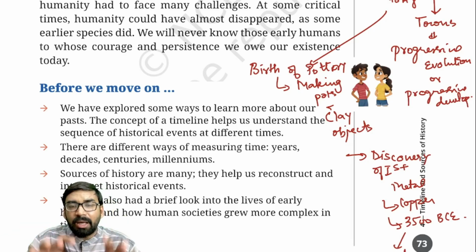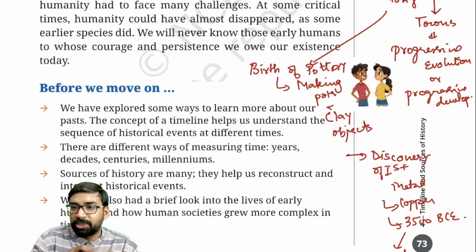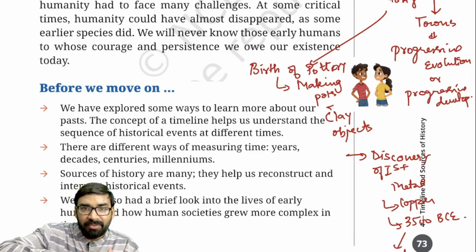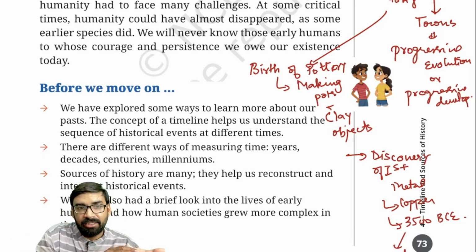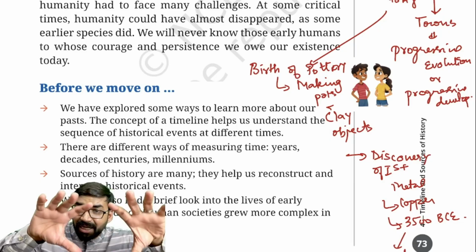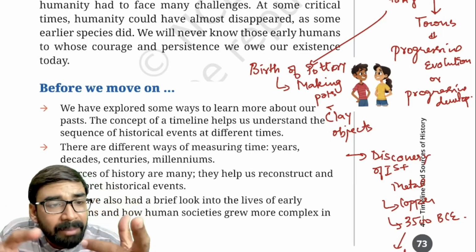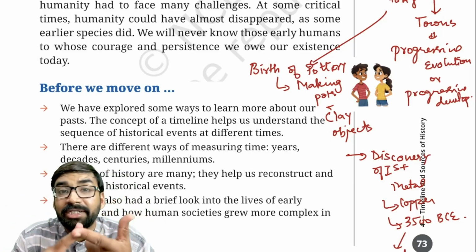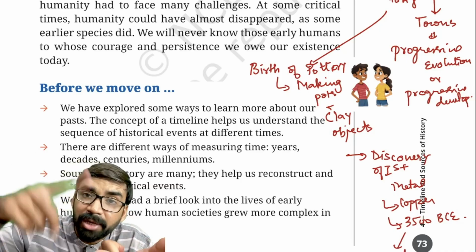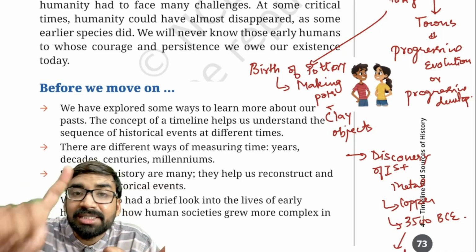So this is all about this chapter, that is chapter number 4, which is related to the basic thing in class 6 social science NCERT. So in this whole chapter, what is the crux of this chapter? The crux of this chapter starts from the timeline, how one should prepare for history, how you need to understand the timeline.